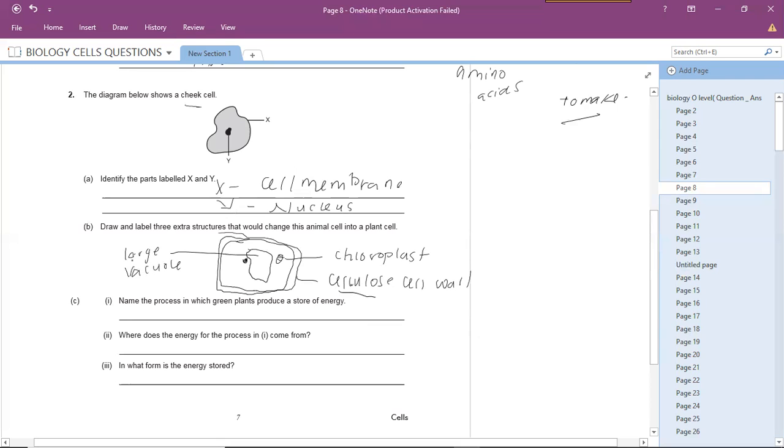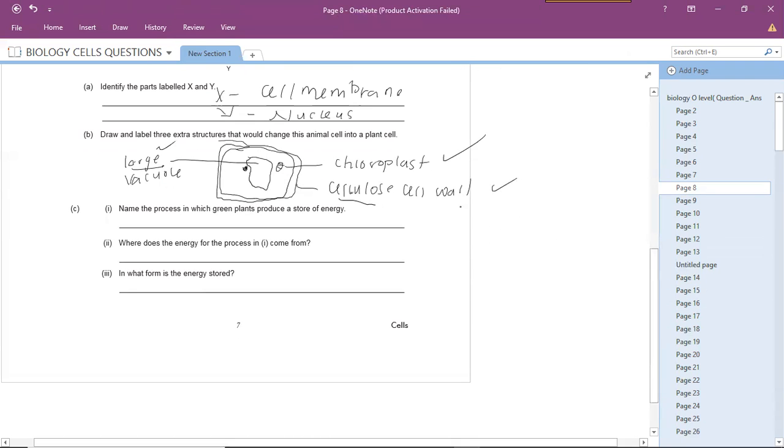These things, large vacuole, cellulose cell wall, are to make the examiner feel nice, because they know that in a plant cell the vacuole is very large and centrally located, and that the cell wall contains cellulose. So: cellulose cell wall, chloroplast, and a large centrally located vacuole.